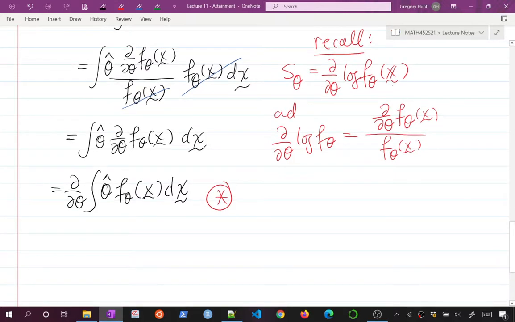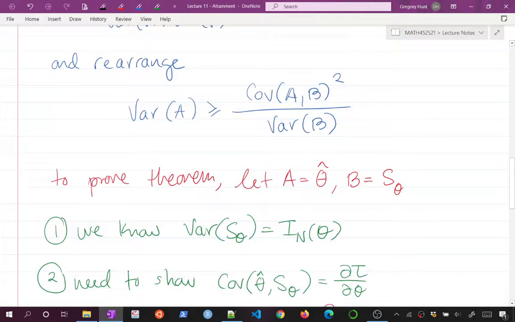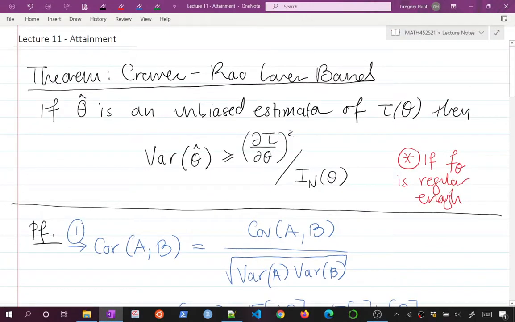Now, this integral is exactly the expected value of theta hat. It is the integral of theta hat of x, you can remind yourself that's a function of x, times the PDF. You integrate that. That's exactly the expected value of theta hat. And we have a name for that. We called that tau of theta in our theorem. If we go back up to our theorem here, tau of theta is the expected value of theta hat. This theta hat is unbiased for tau of theta.